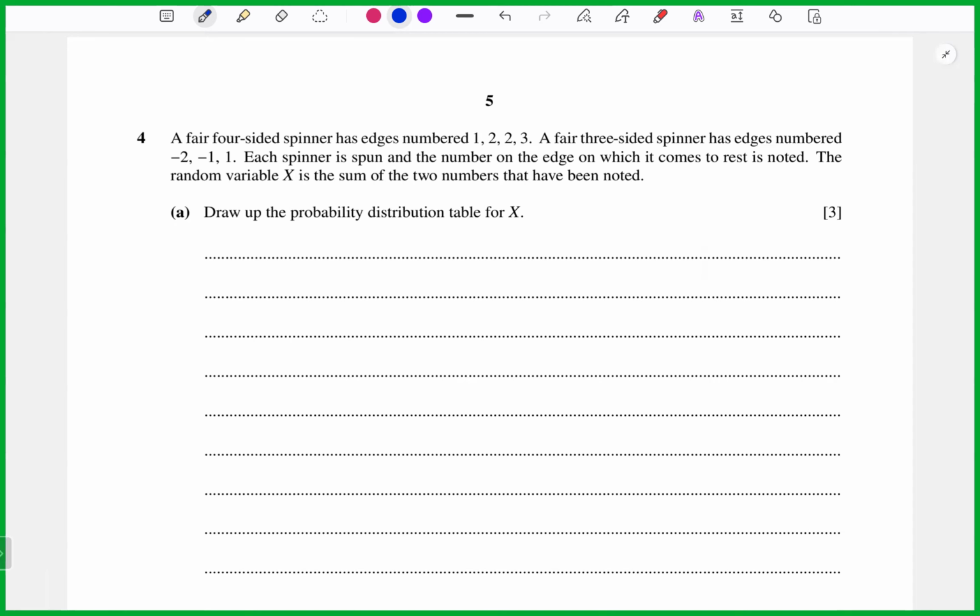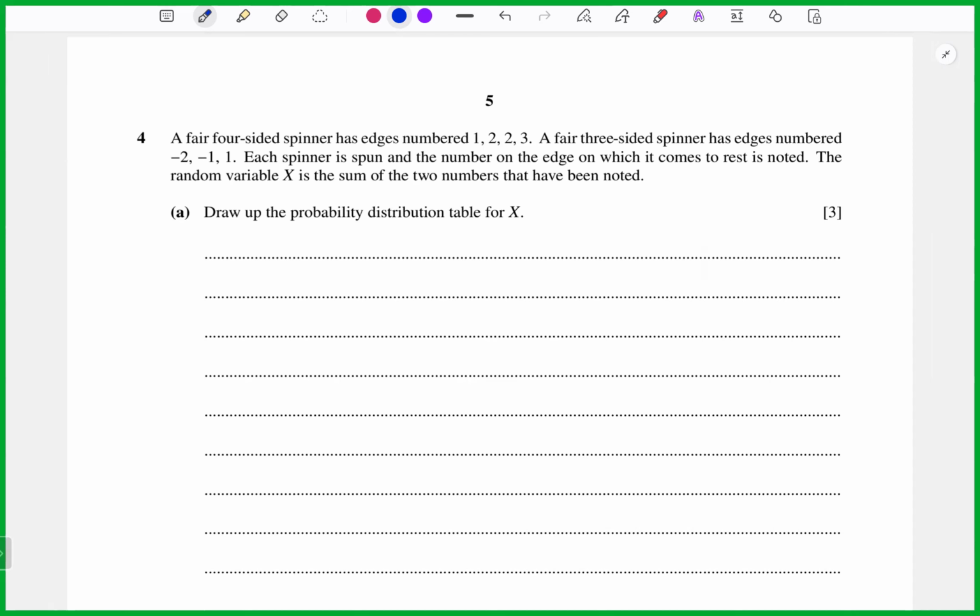The random variable X is the sum of the two numbers that have been noted. A, draw out the probability distribution table for X. Let's see, you have -2, -1, 1, and here is 1, 2, 2, 3.